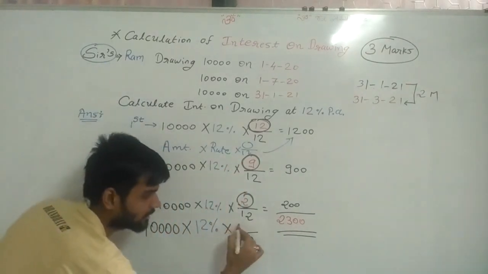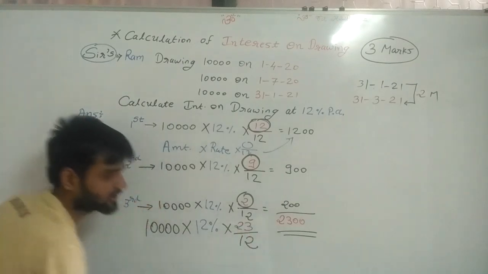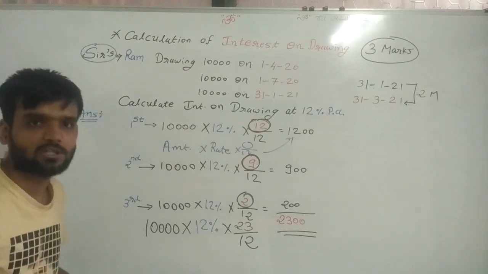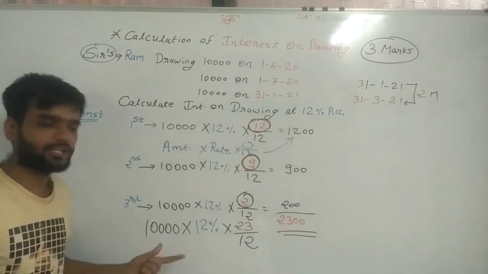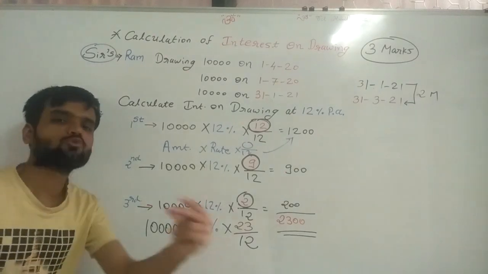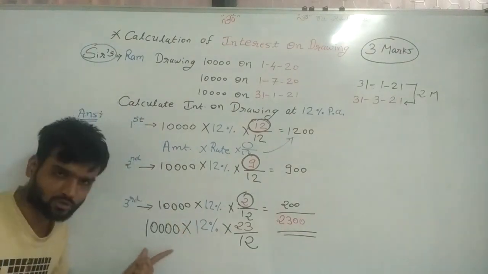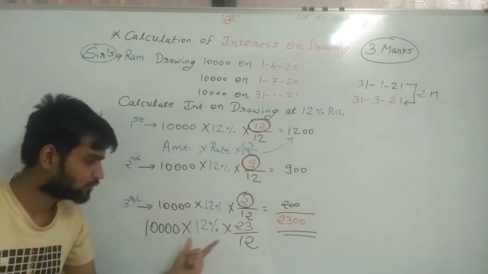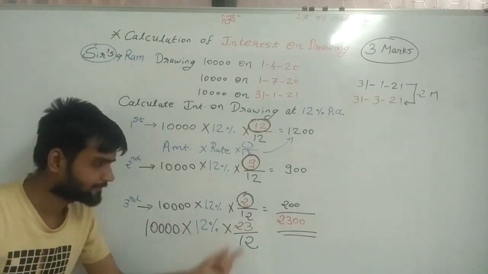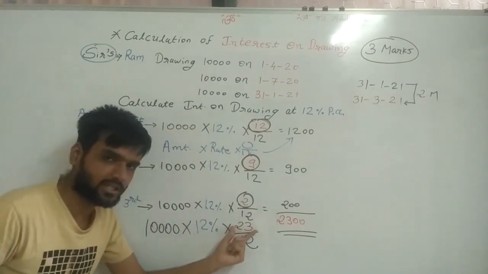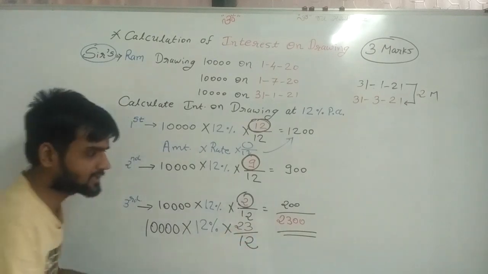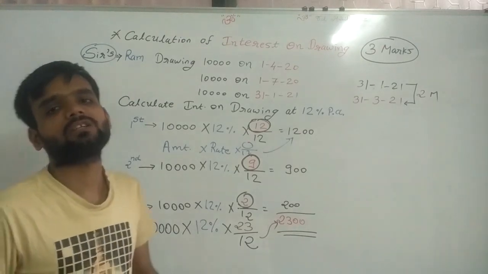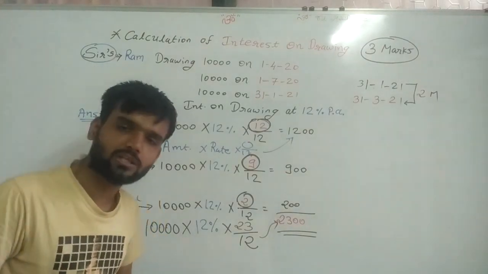So for 23 months we need to calculate interest on drawing. Now see here: 10,000 rupees in the calculator, 10,000 into 12% into 23 divided by 12. The answer will be directly 2,300 rupees.